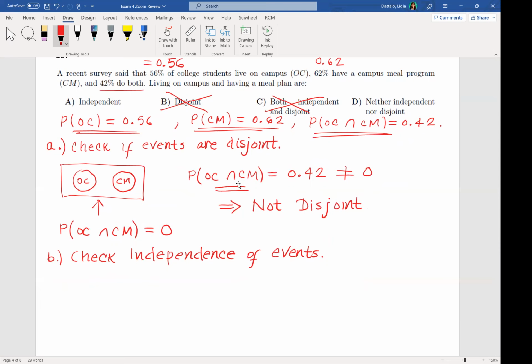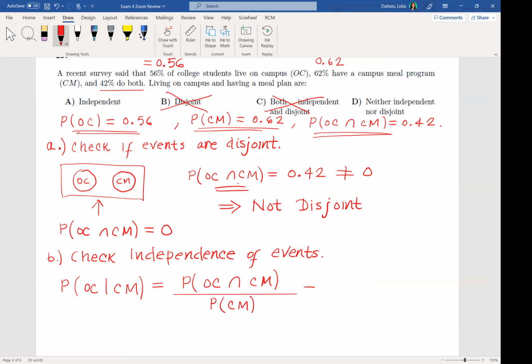So let's do this one. The probability of living on campus, given that they get a campus meal, we have a formula for that. It's the probability of living on campus and campus meal divided by the probability of getting a campus meal.